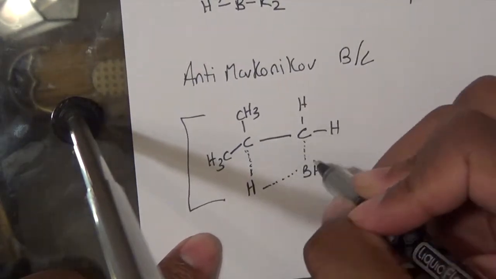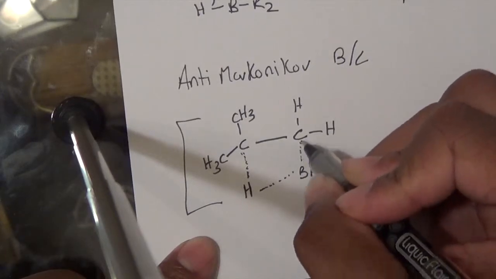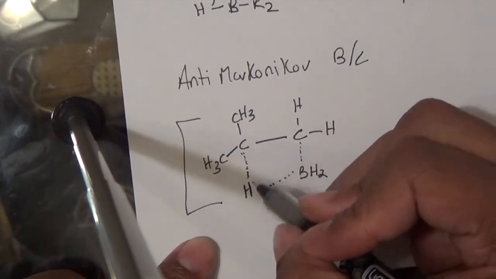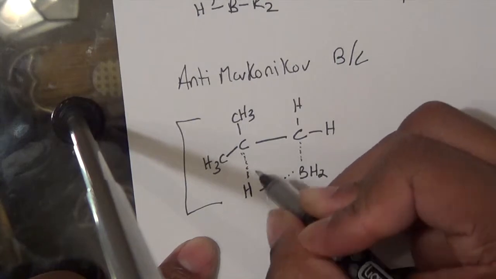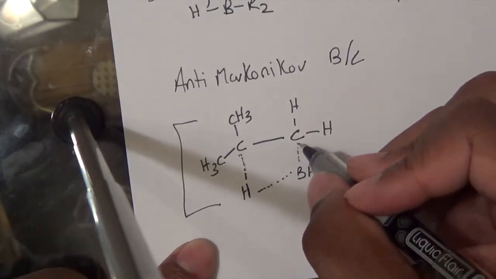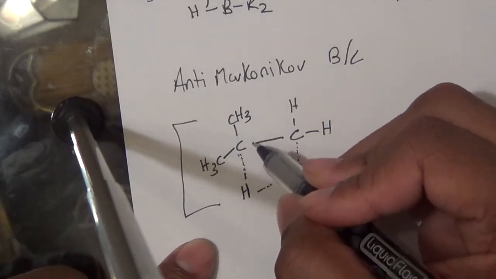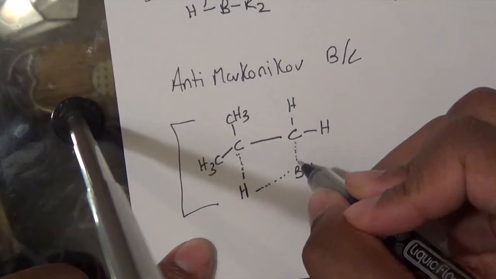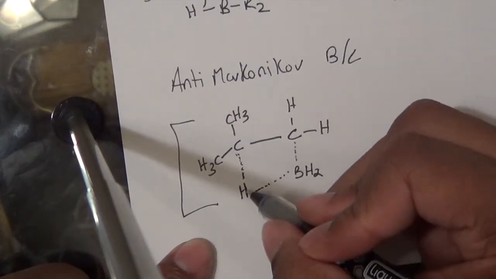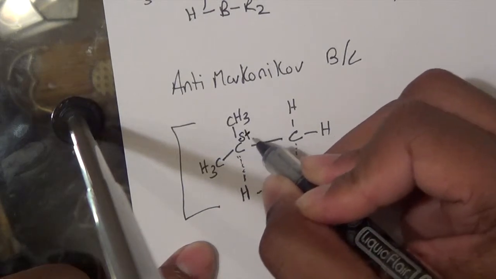this bond, the way I have it drawn, is formed a little bit more than this bond. As you can see, this is at an angle, so this is a little farther apart than this bond. So just like when we add hydrogen to one of these carbons and it always forms a carbocation on the other carbon, if this bond is almost formed before this bond, then that puts a partial positive charge here.